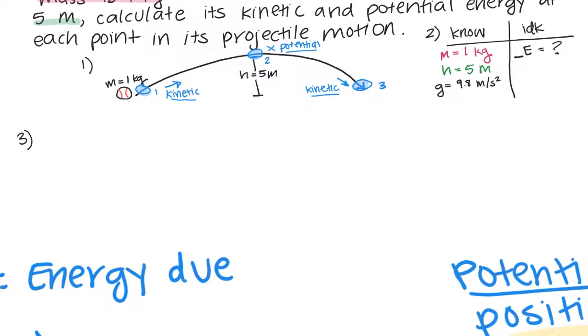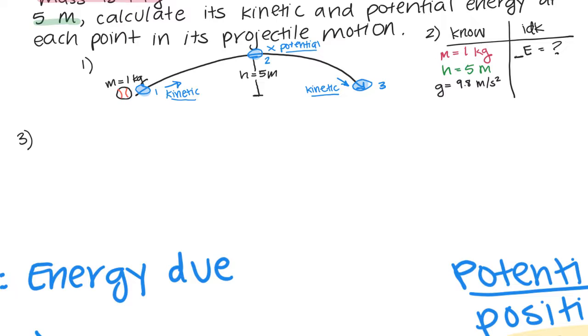So take a moment, think about what energy you might solve for first. Hopefully you came up with, all right, if we're not given a velocity, we cannot solve for these kinetic energies yet. I'll highlight those to make it a little more obvious.